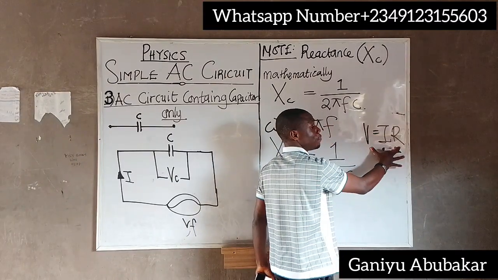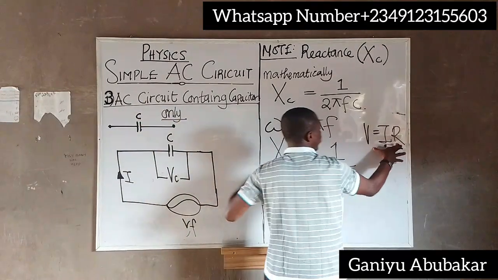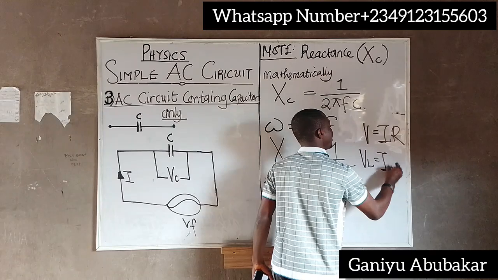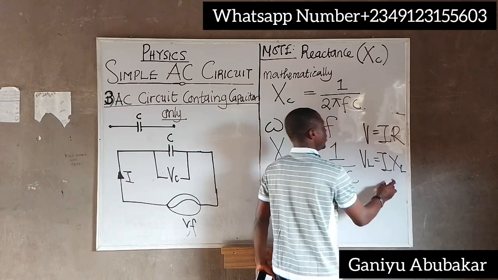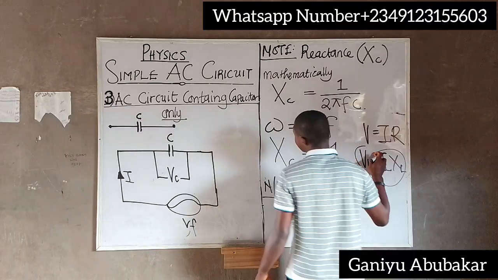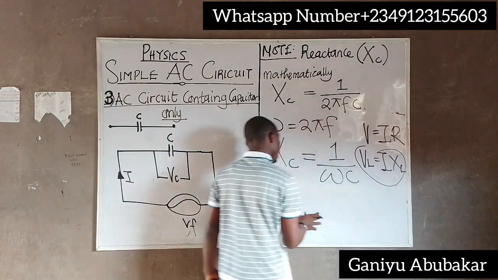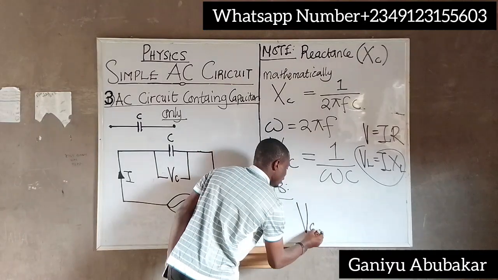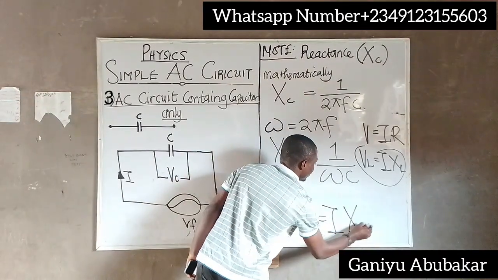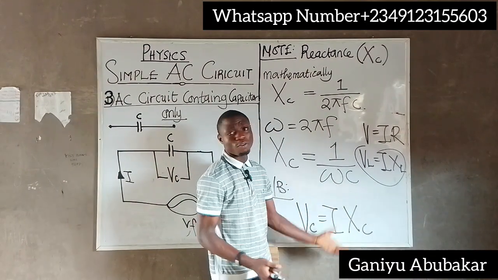This formula is for any circuit containing resistor only. I have that VL equal to I XL. This one is Ohm's law in terms of any circuit containing inductor only. In this case, VC equal to I XC. So it's more like Ohm's law, but in a different form.